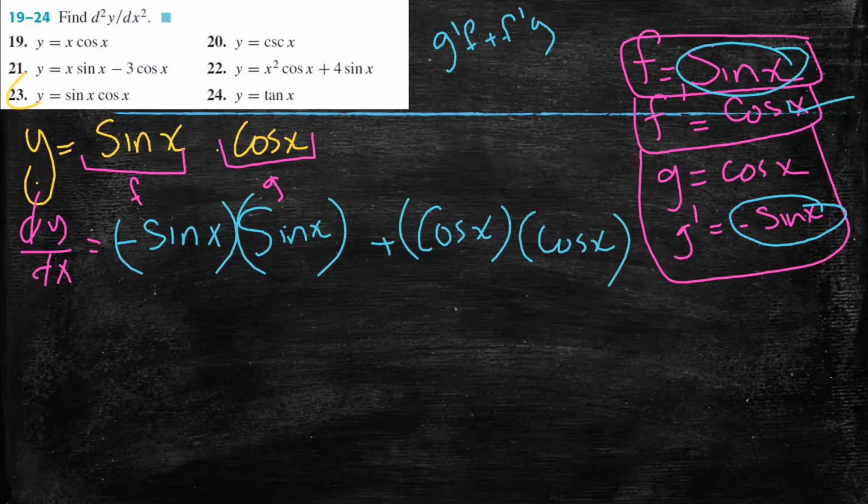So negative sine times sine is negative sine squared x, plus cosine squared x. Then it is cosine squared minus sine squared.